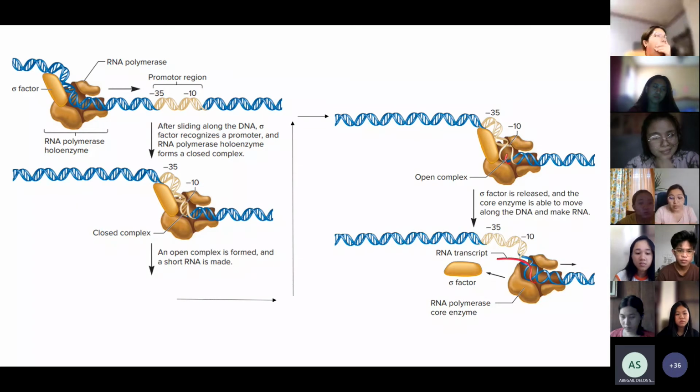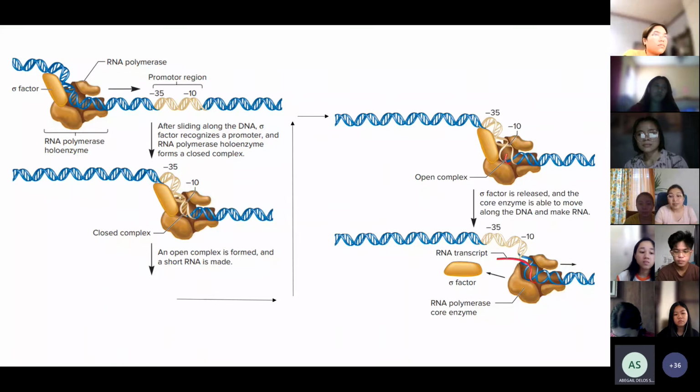So once you have created your closed complex, an open complex would then be formed right after, because by this time, we are starting to unwind our DNA. And the unwinding would begin at the -10 site, which would only contain both your adenine and thymine base pairs.